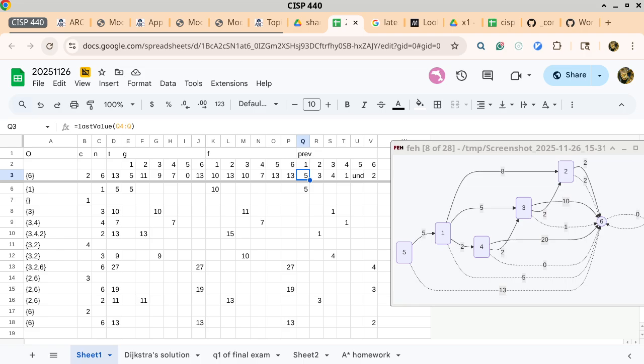So we have covered Dijkstra's algorithm and now the A star algorithm. The A star algorithm is a little bit more complex because we have to keep track of F and G. The F value is not necessary because it is by definition the G value plus the heuristic value.